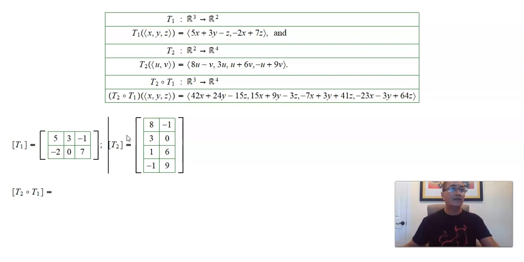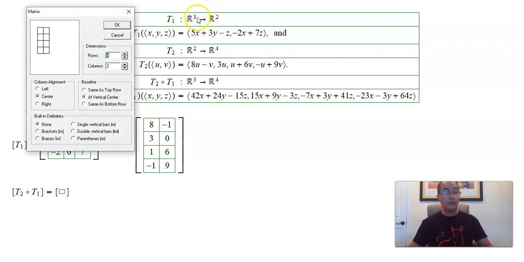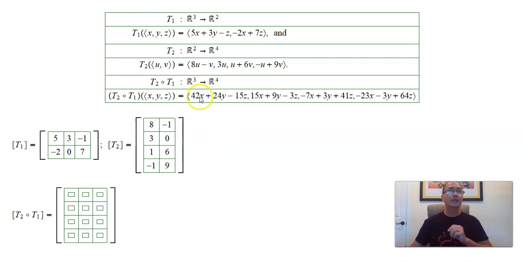Okay, now for T2 composed T1, we're going from R3 to R4, so we want a 4 by 3 matrix. So we want 42, 24, minus 15.